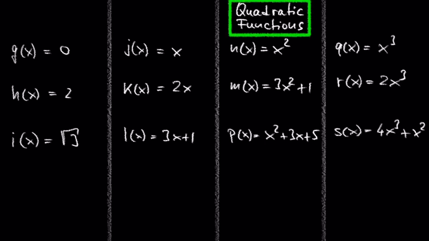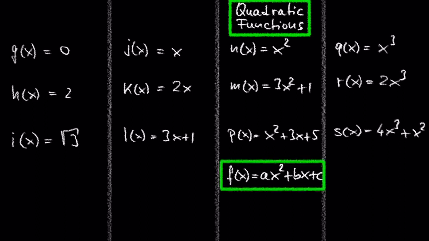They all have the form f of x equals ax squared plus bx plus c, where a, b, and c are real numbers, with a not equal to 0. This form is called the standard form.